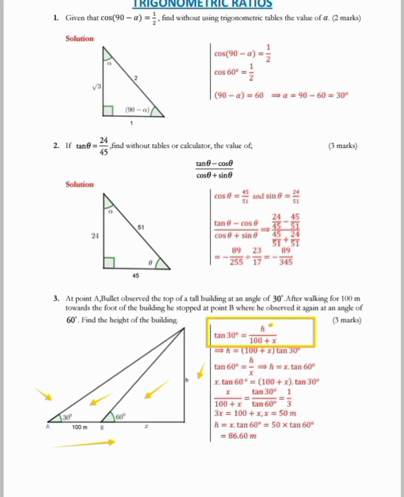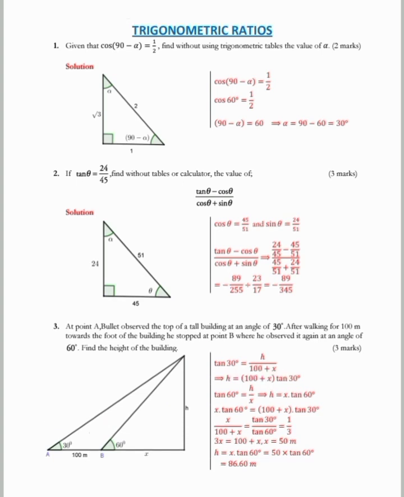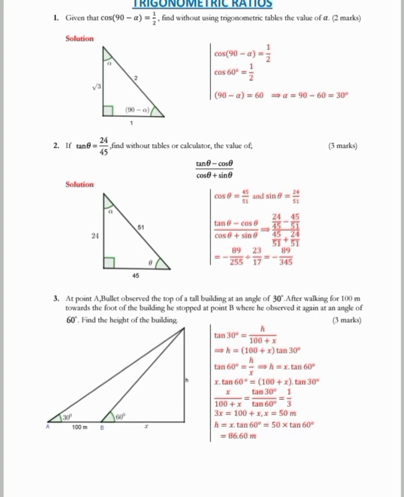We are taking the distance between point A and the foot of the building to be 100 plus x. So making h the subject of the formula, h is equivalent to (100 plus x) tan 30 degrees.